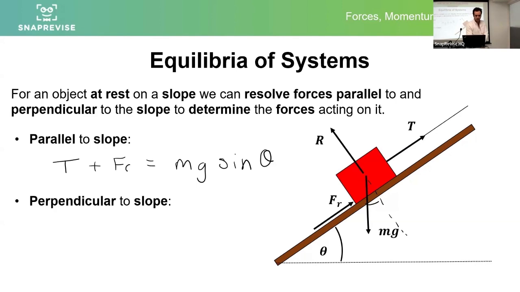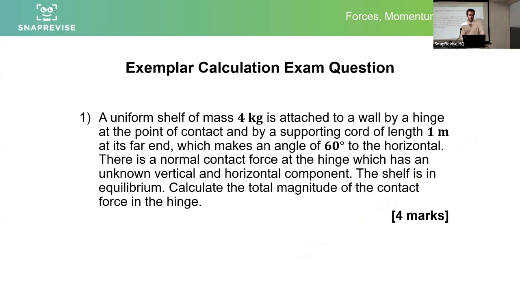Perpendicular to the slope, similar to last time, R is going to have to be met by the component of the weight that is acting perpendicular to it. Okay, exemplar calculation question. I'm just going to switch back to my beloved red pen.